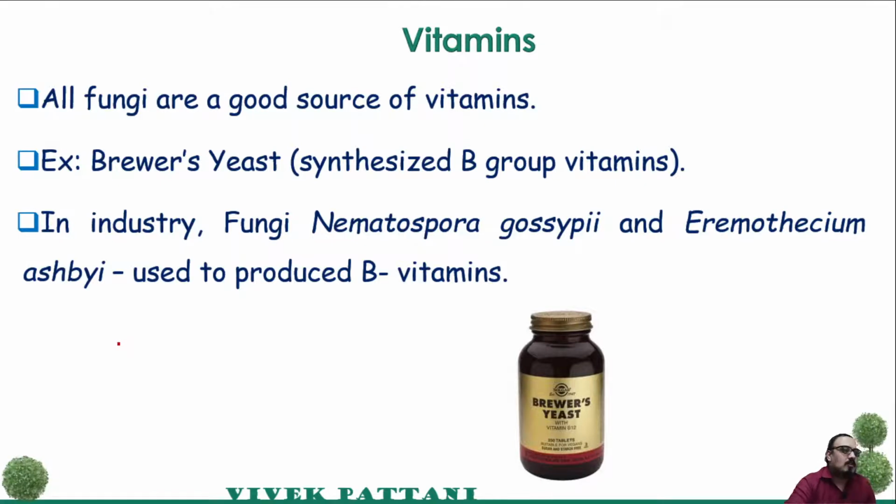Most fungi are also a good source of vitamins. An example is brewer's yeast, which synthesizes the B group vitamins, and in industry the fungi Nematospora gossypii and Eremothecium ashbyii are used to produce B vitamins.